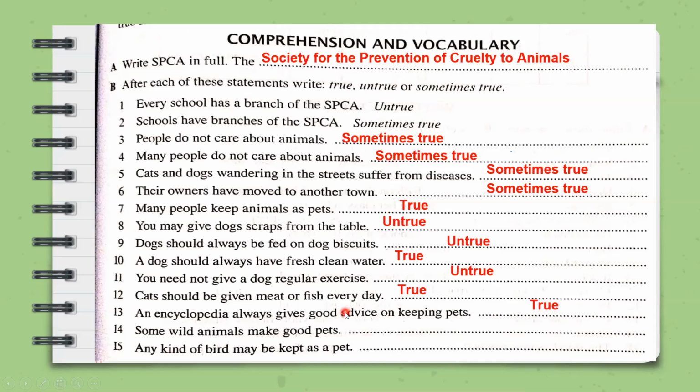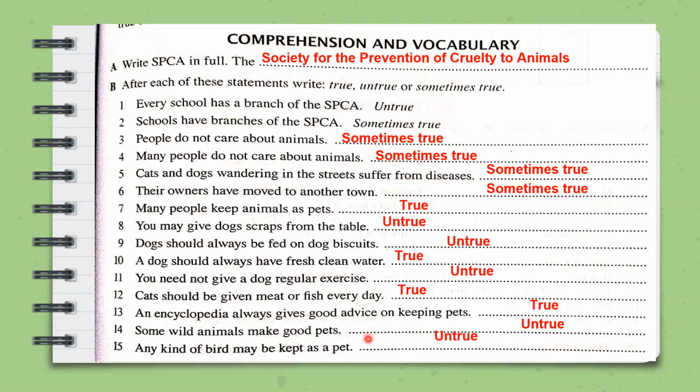True, always gives good advice. Number fourteen, some wild animals make good pets. Never, a wild animal can never be. And the last, number fifteen, any kind of bird may be kept as a pet. Untrue. Not any kind. There are certain kinds of birds to keep as a pet, but not all.